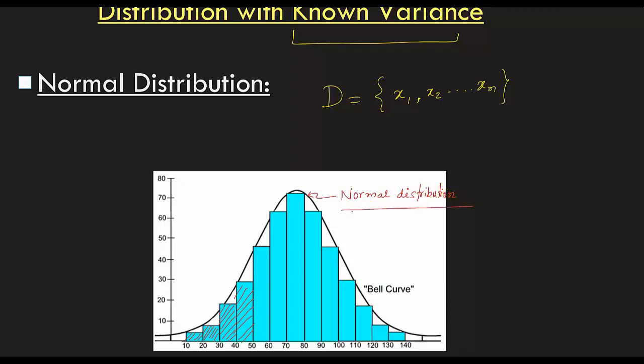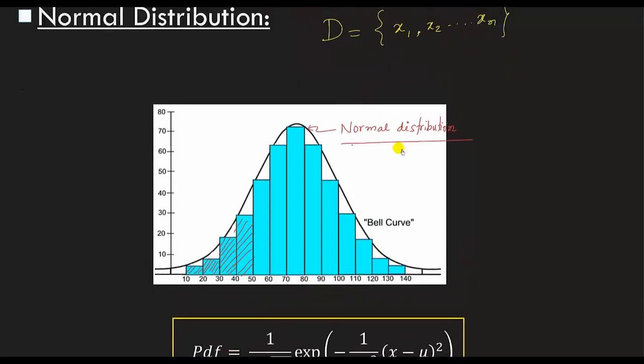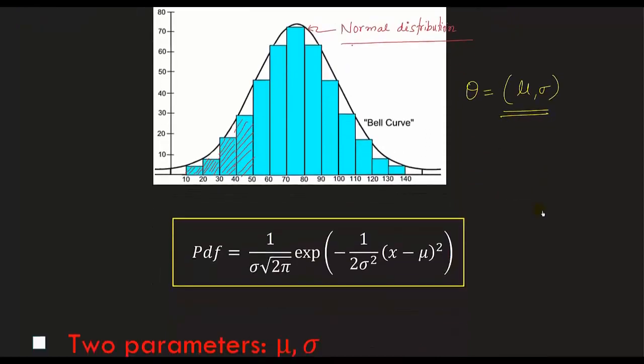Now if you remember, there are two parameters in the case of a normal distribution that need to be estimated, and in this case the parameters are the mean and the standard deviation. So for a normal distribution we require two parameters, that is mu and sigma, and the corresponding probability density function, the equation for this curve, can be written by this formula.